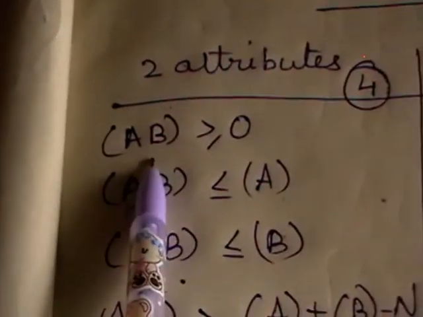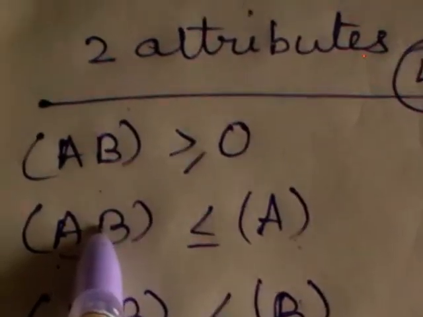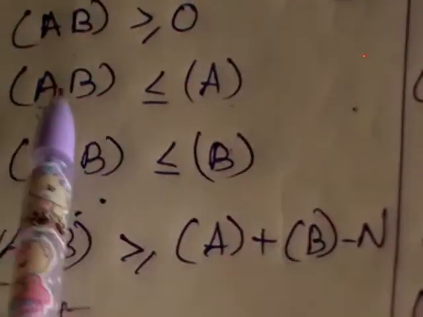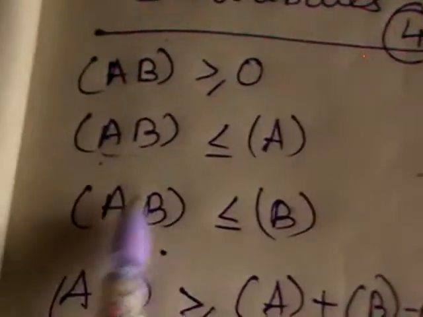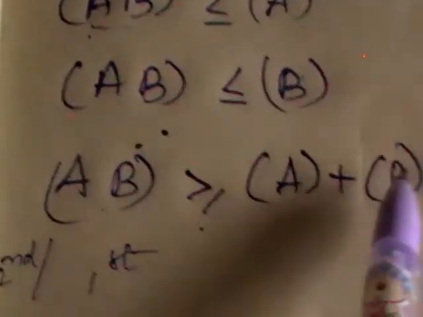Consider the highest positive order, AB greater than 0. As these are second order frequencies, the only other orders are A and B, first order. AB less than or equal to A, AB less than or equal to B, and AB greater than or equal to A plus B minus N. These are the 4 conditions when you have 2 attributes.